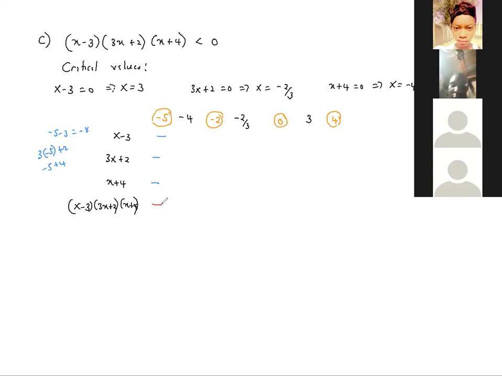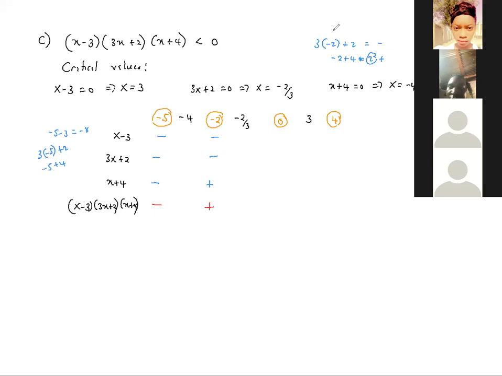You go to negative 2. For negative 2, we'll get a negative number there, negative 2 minus 3. Then you go to 3 by negative 2 plus 2. Again, you get a negative number. Then negative 2 plus 4, you get 2, which is positive. When you multiply negative by positive, you're going to get a positive as a result.